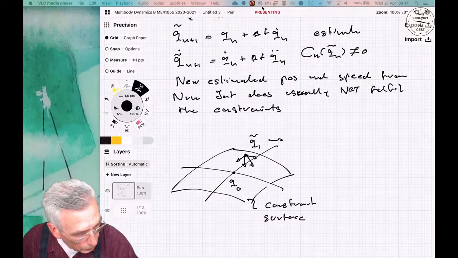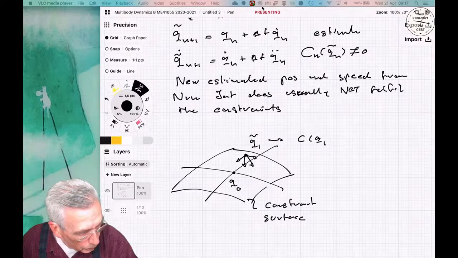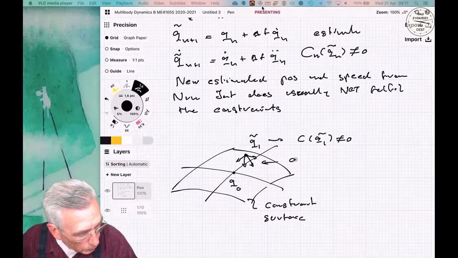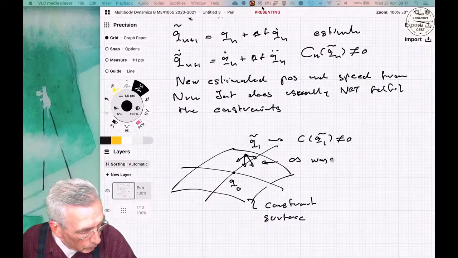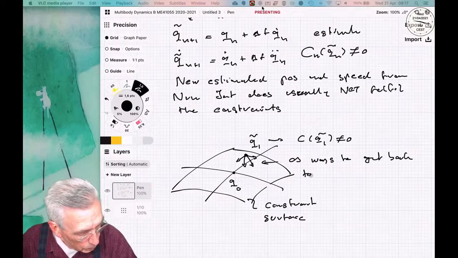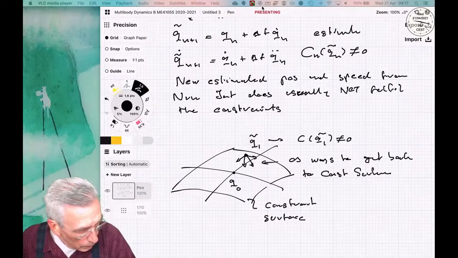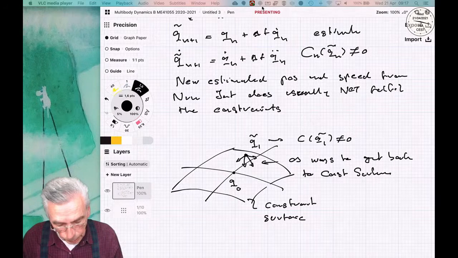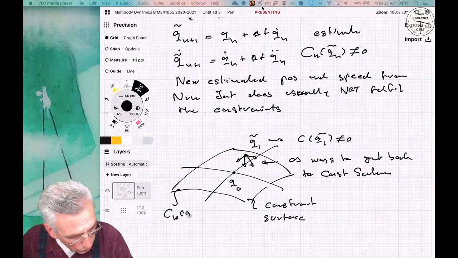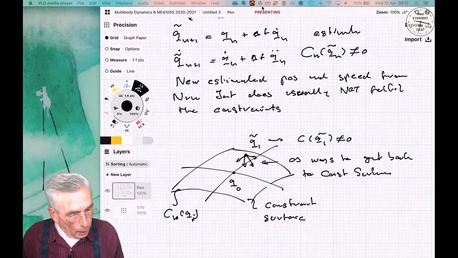So if we calculate C of this estimate, it's usually not 0. But there are like an infinite ways to get back to the constraint surface. And how are we going to do that?